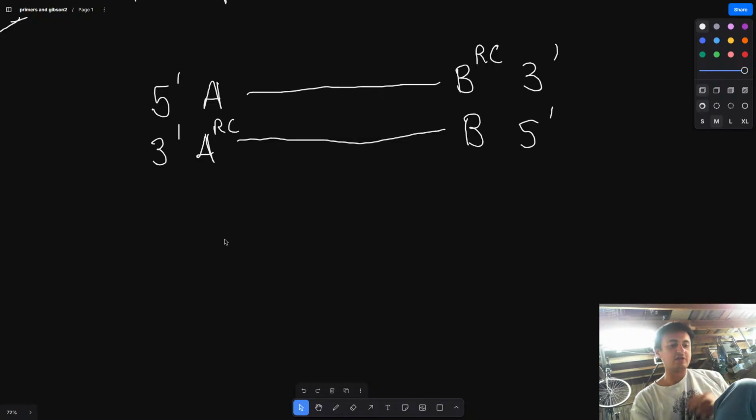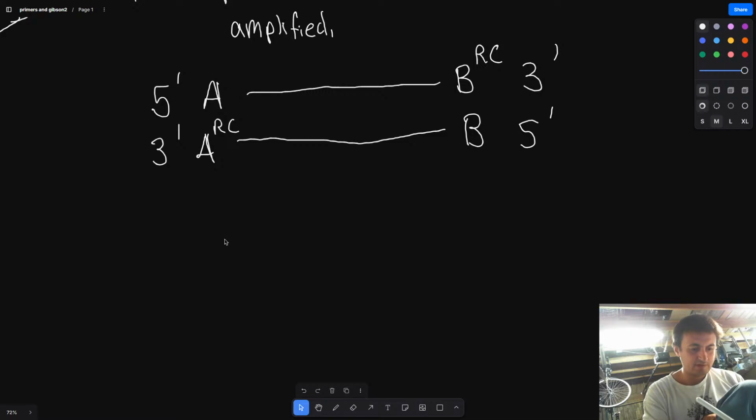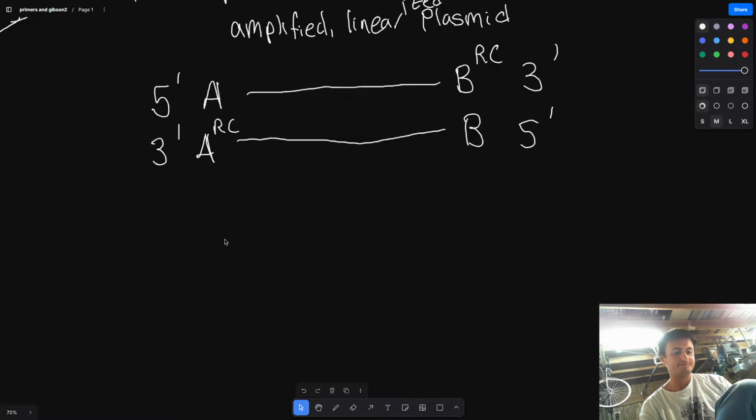Okay, so this is our amplified linear plasmid. Linearized. Okay.